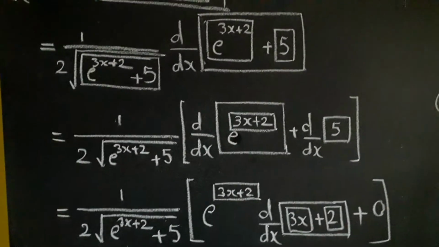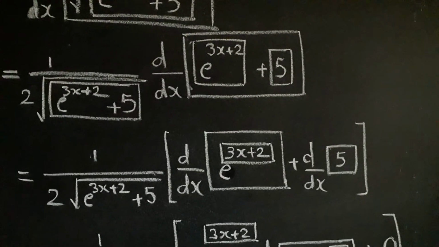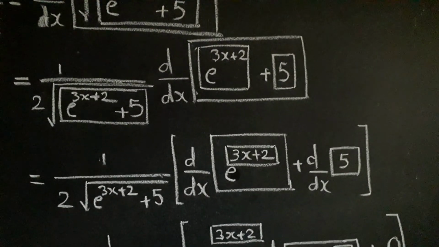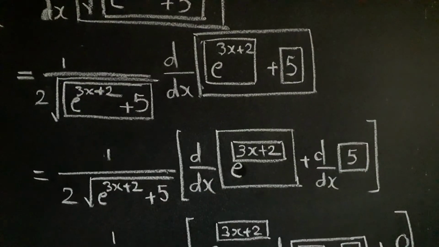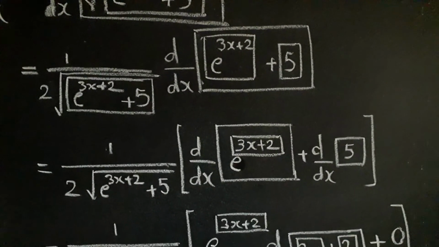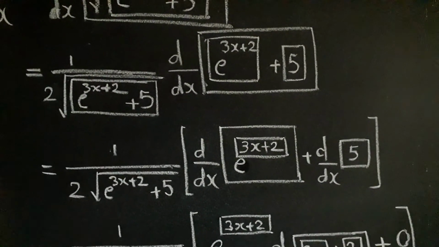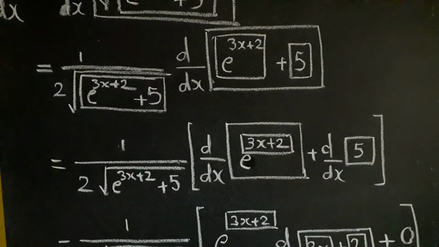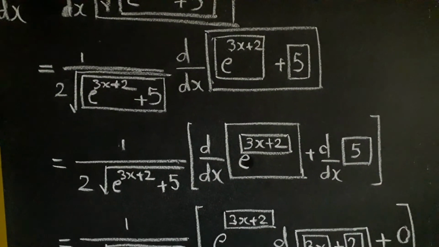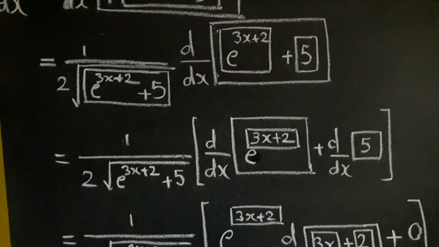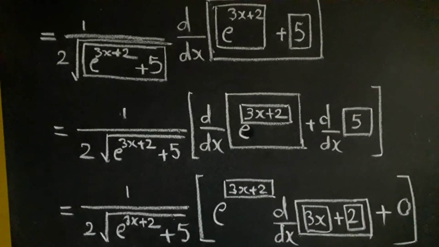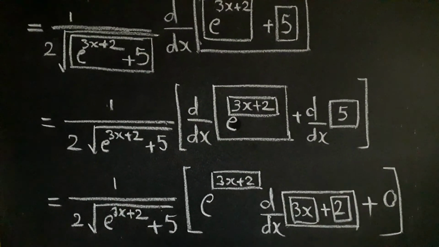Plus the next term, which is d dx of the box enclosing 5. When I open the box, what I find is only a constant, and we know the derivative of a constant is always 0. So we have written that the derivative of the constant is 0.